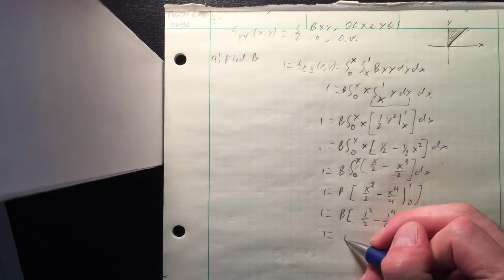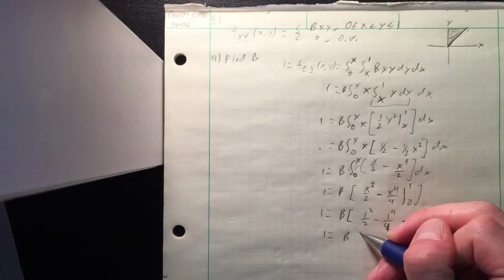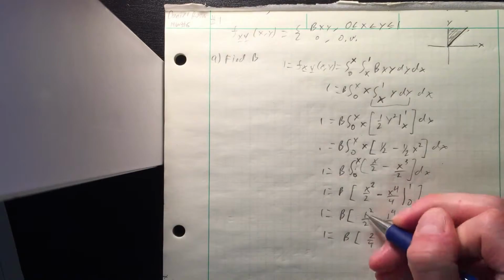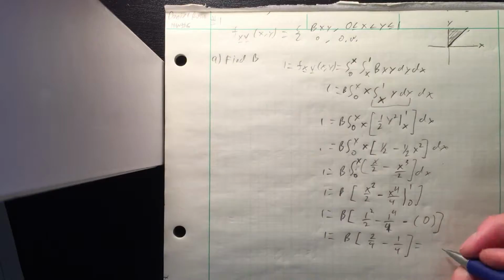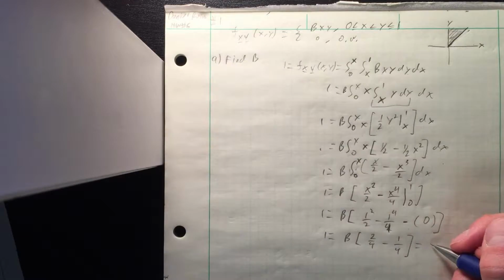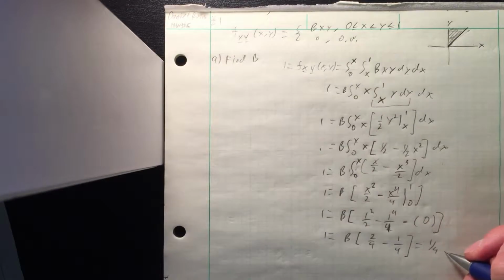So 1 is equal to b multiplied by 2 over 4 minus 1 over 4, which is equal to 1/4.